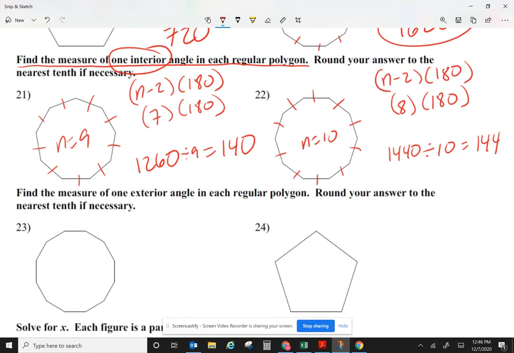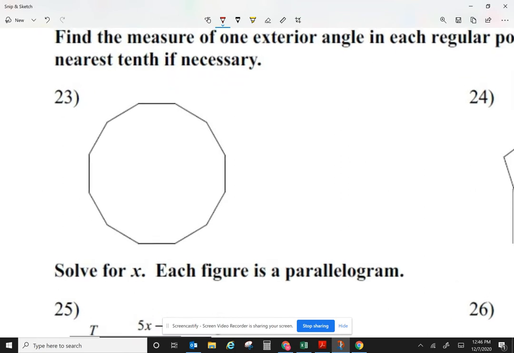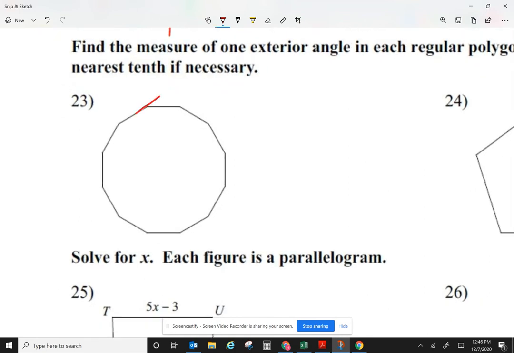Now, let's talk about the exterior angles. Questions 23 and 24. Now, an exterior angle, looking at a polygon, is what you get if I were to extend each of my sides, if I were to make a picture look like this. I want to know how much each angle is.